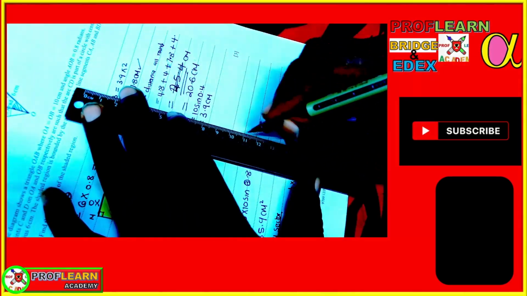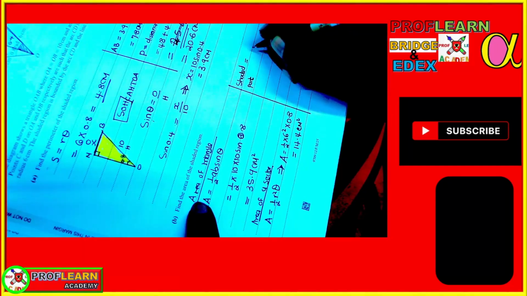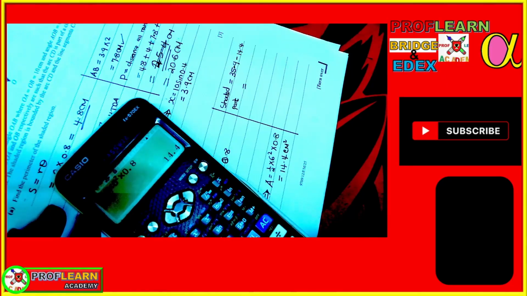Then the area of the shaded part is equal to the area of the triangle, which is 35.9, minus 14.4.